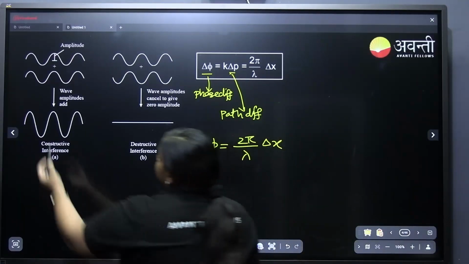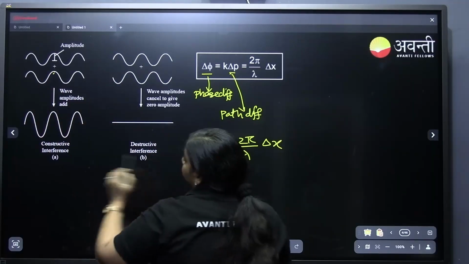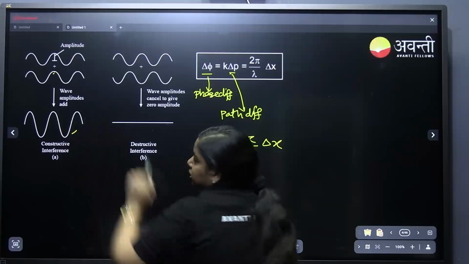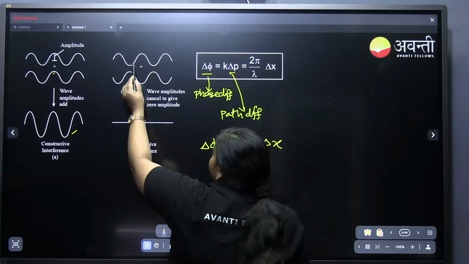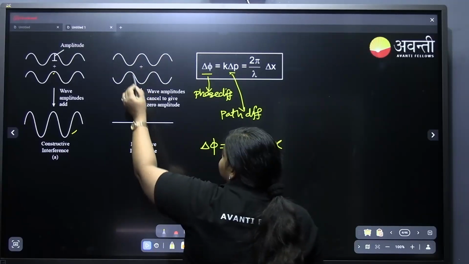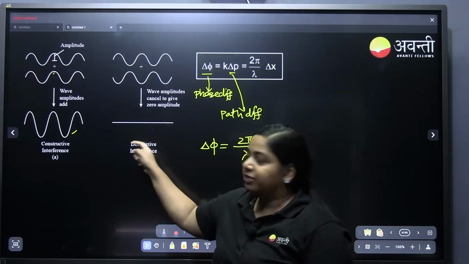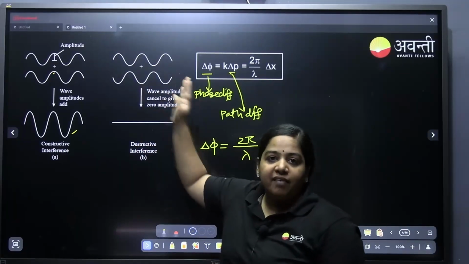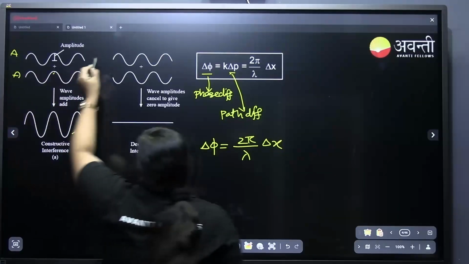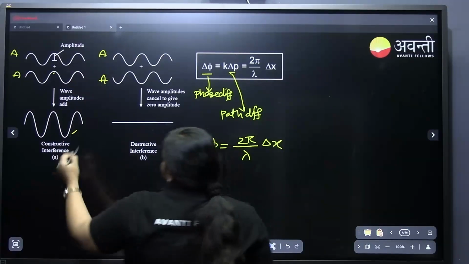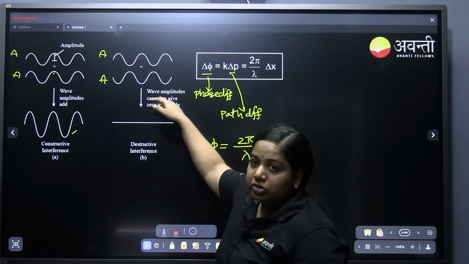As you can see, constructive means both are in the same phase, so the total amplitude will increase. Destructive interference means a trough and a crest are superimposing with each other. If both have different amplitudes, here we are assuming both have amplitude A. Here it will be the sum of that, here it will be the difference.